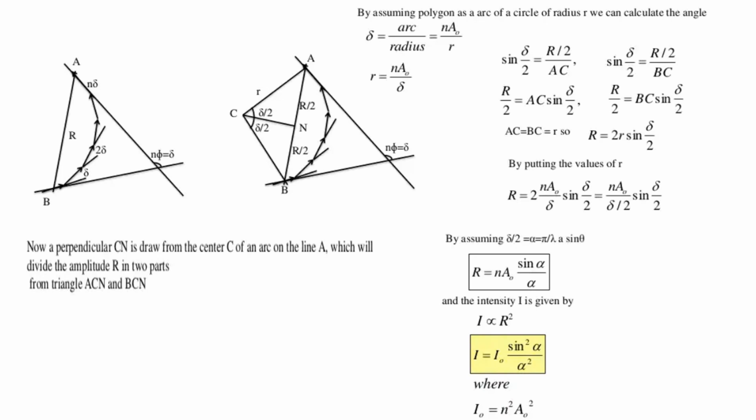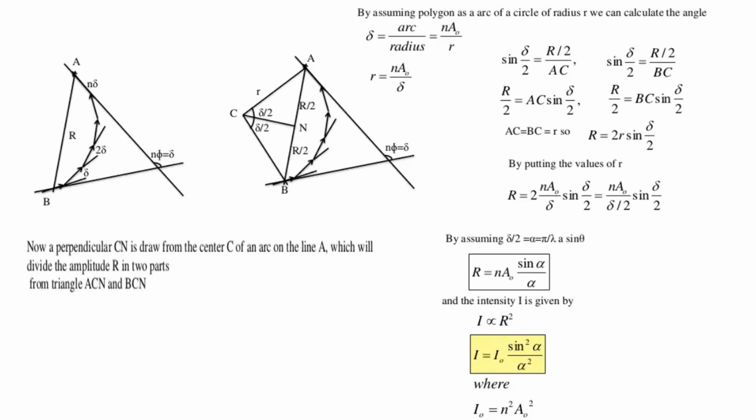Likewise, sin delta by 2 is equal to R by 2 by BC, from which we obtain R equal to 2r sin delta by 2. On substituting the value of r as n A naught by delta, we have R equal to n A naught by delta by 2 into sin delta by 2.